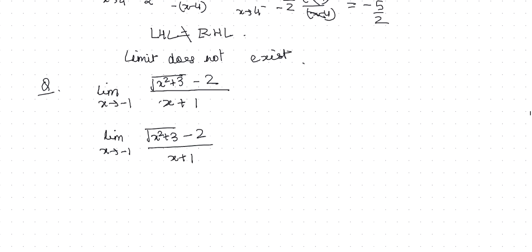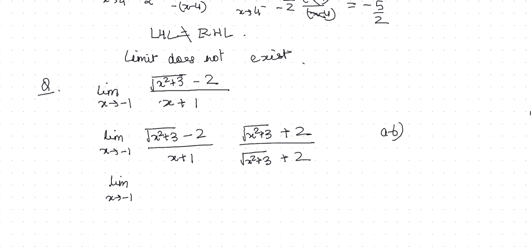So this would be x plus 1 over square root of x square plus 3 plus 2. So this is a minus b and a plus b form. So this will be a square minus b square.